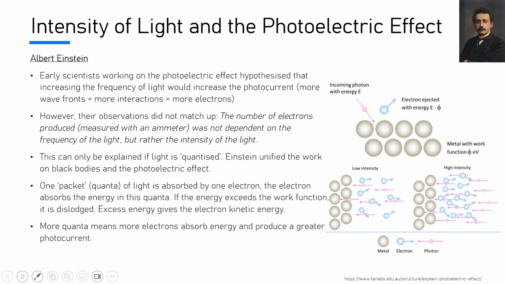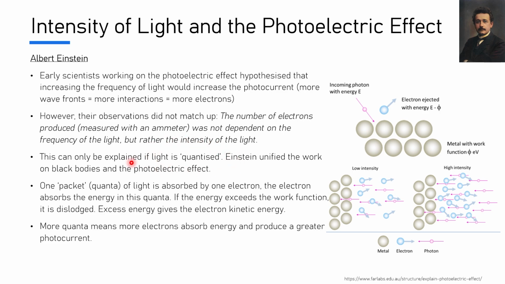In comes Albert Einstein, bringing together things that we learned about the other day with Wien and Planck, and now what was observed with the photoelectric effect, to now talk about how all of this explained the idea that light must be quantized.